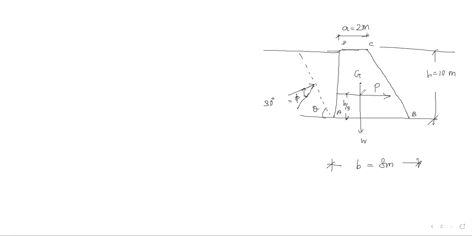This is P. The resultant may be somewhere here, R. So there are points N and M. This distance is X, and from here it is D. So these things we have to calculate right now.